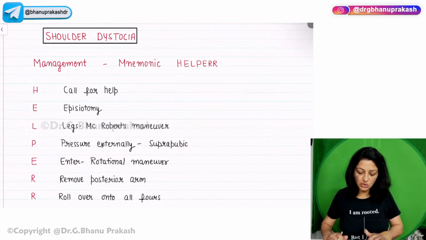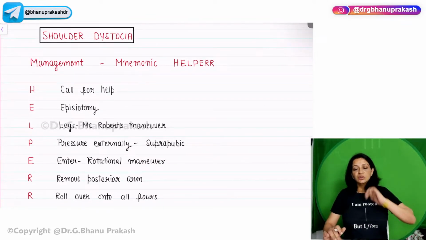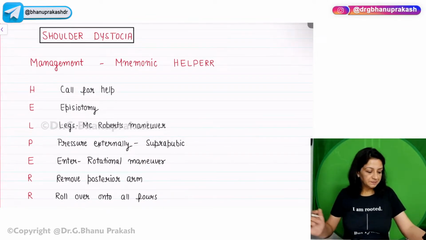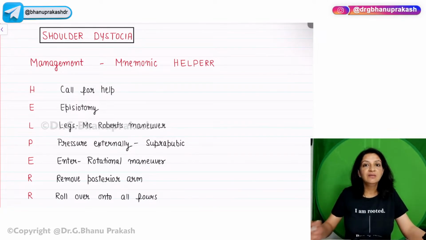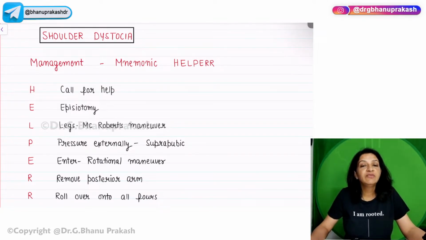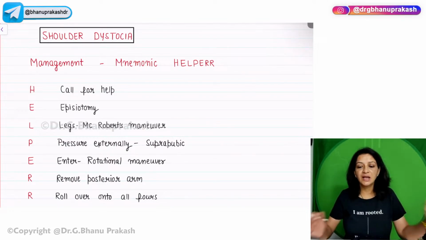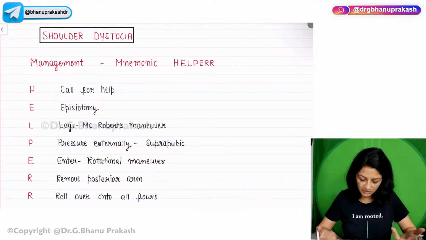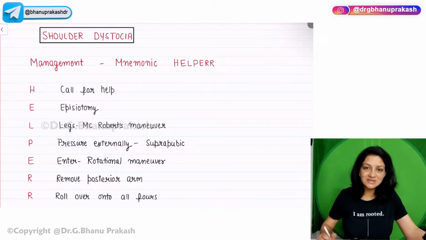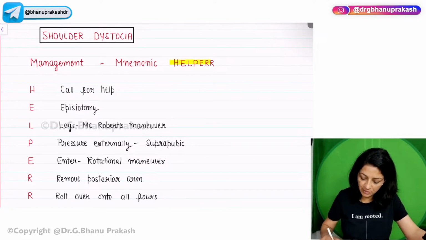Next one is shoulder dystocia. In shoulder dystocia, what happens? Difficulty in the delivery of the shoulder of the fetus. The head is delivered but the shoulders are not delivered. That is called shoulder dystocia. In management, just remember the mnemonic HELPERR.